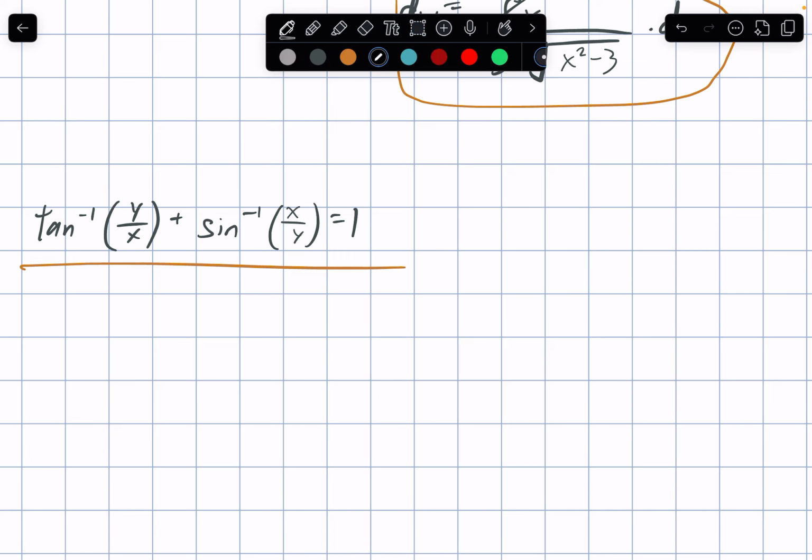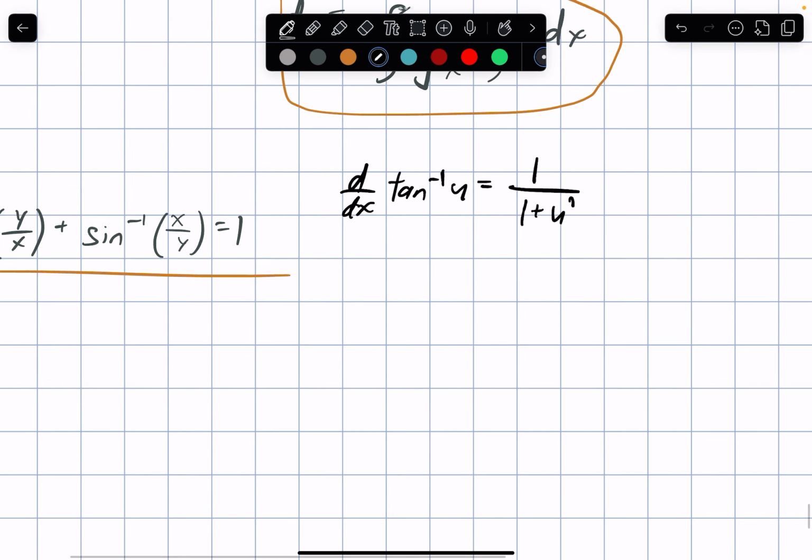Okay, so if you remember your inverse trig identities, the derivative of arctan is equal to 1 over 1 plus u squared times du over dx. What about for arcsine?